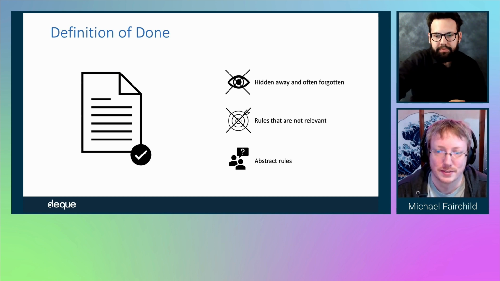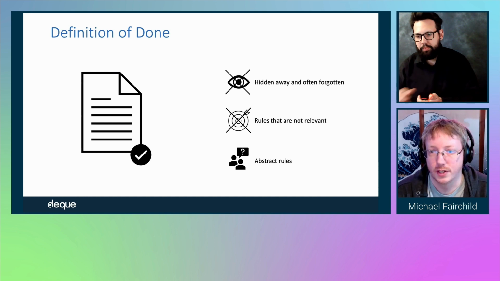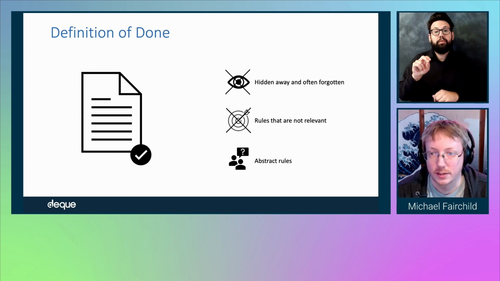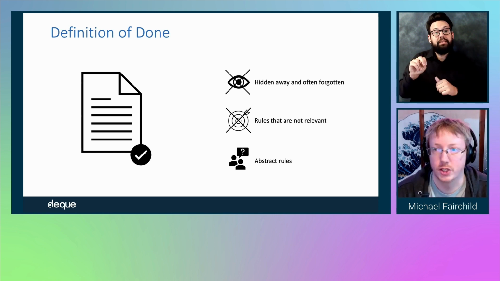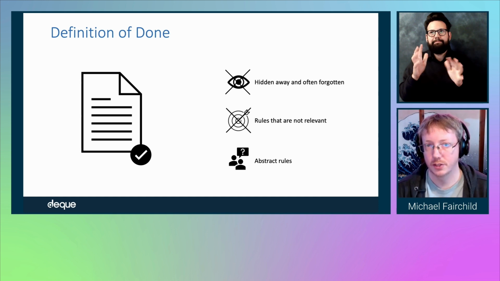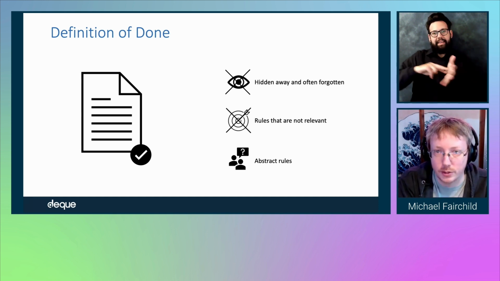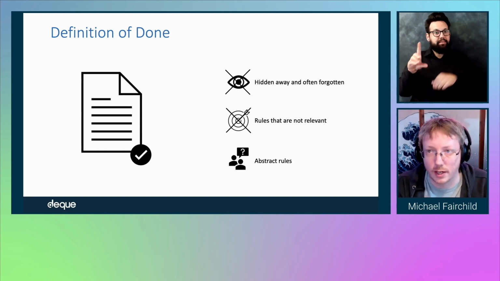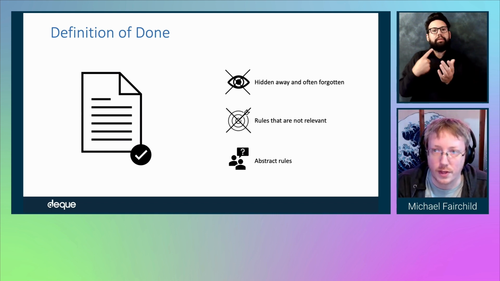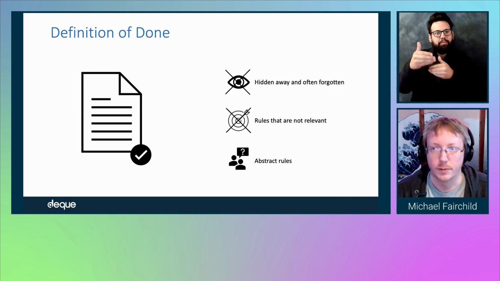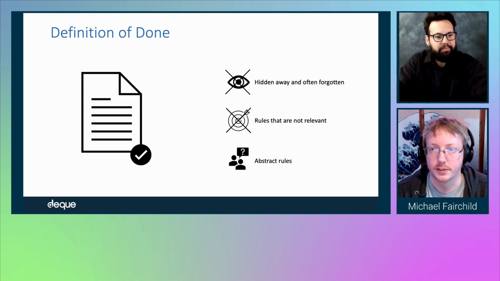And the rules that are in the definition of done are very abstract. They're not always going to be relevant. They have the same problems as a checklist because the definition of done is a general piece of documentation. It's not specific to a given story or design or thing that you're trying to build, right? So we have all the same problems as checklists that I just described.